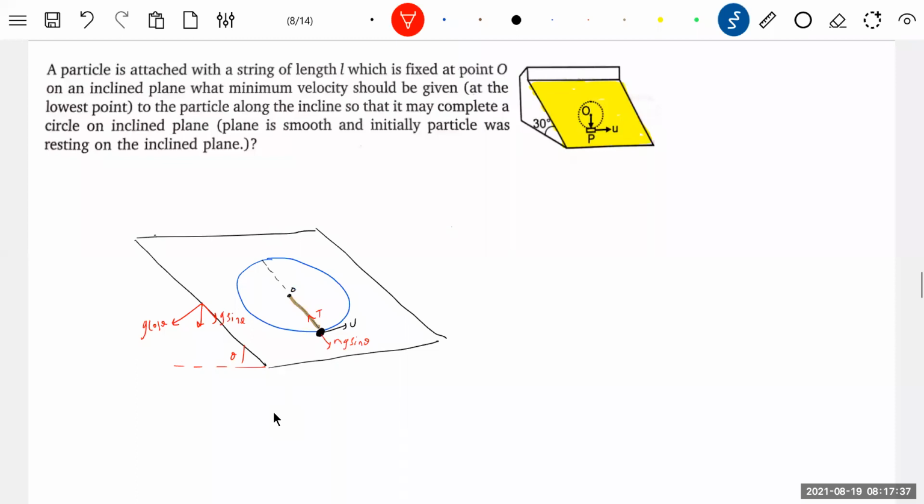Then at the highest point, it's a critical point. I'll write T1, T2, mg sin theta. So again the same analysis, now instead of g, g sin theta has come into the picture. That's all, nothing else is there.